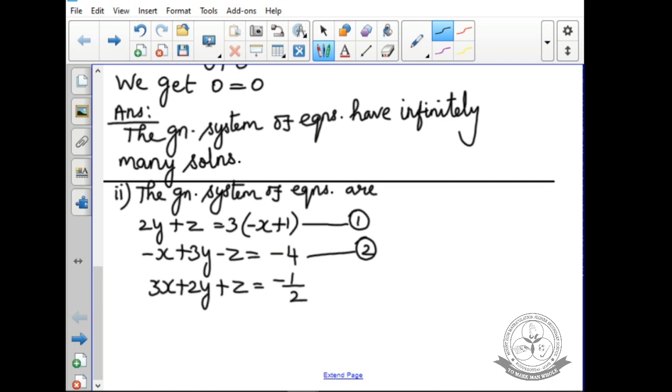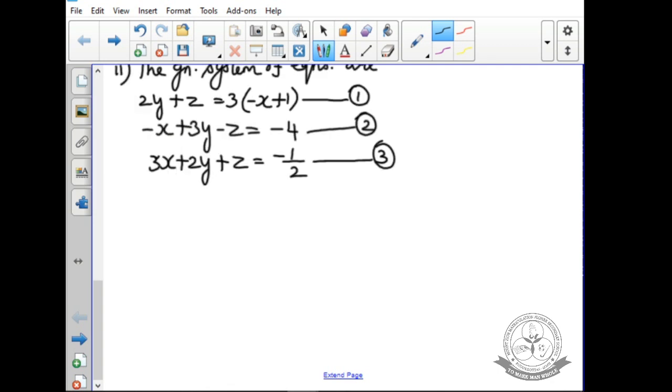After writing the equations, again check whether you have written the equations correctly. 2y plus z equal to 3 into minus x plus 1, minus x plus 3y minus z equal to minus 4, 3x plus 2y plus z equal to minus 1 by 2. If you see these equations, they are not arranged in the correct form. X term, y term, z term, equal to constant term. So we have to rearrange the equations.